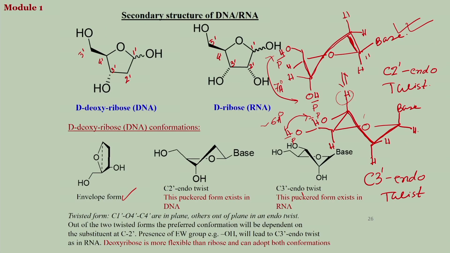So, DNA, as I have said, has the B form with proper double helical structures, and that is coming from here, because if you have seen C2 prime endo twist for DNA, this is the 3 prime end, you can have the extension in this way, and the 5 prime end will go that way. So, you will have a proper skeleton that is known as the B form.